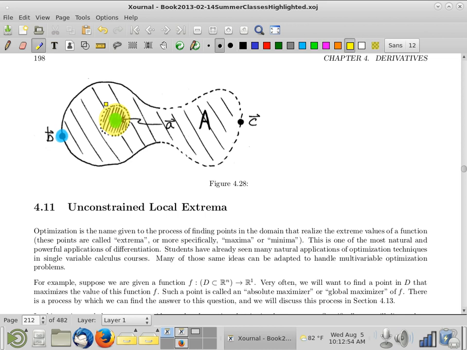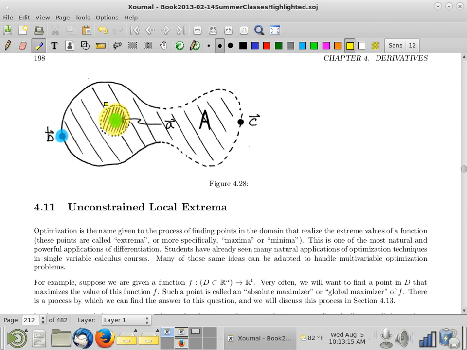And the way that I can distinguish the points A and B is A, and I'm just using what I have drawn in the picture here, has the feature that I can find a ball centered at A where not only is A in the set, but the entire ball is also still in the set.